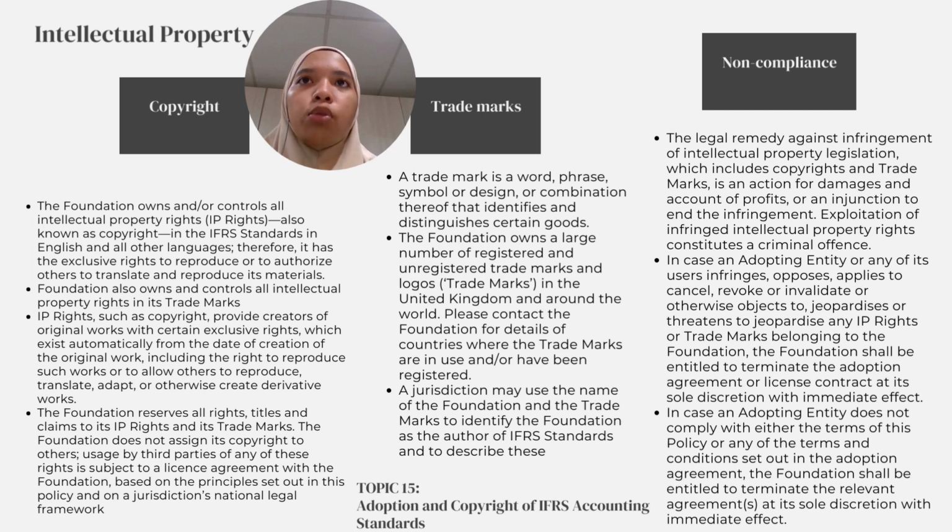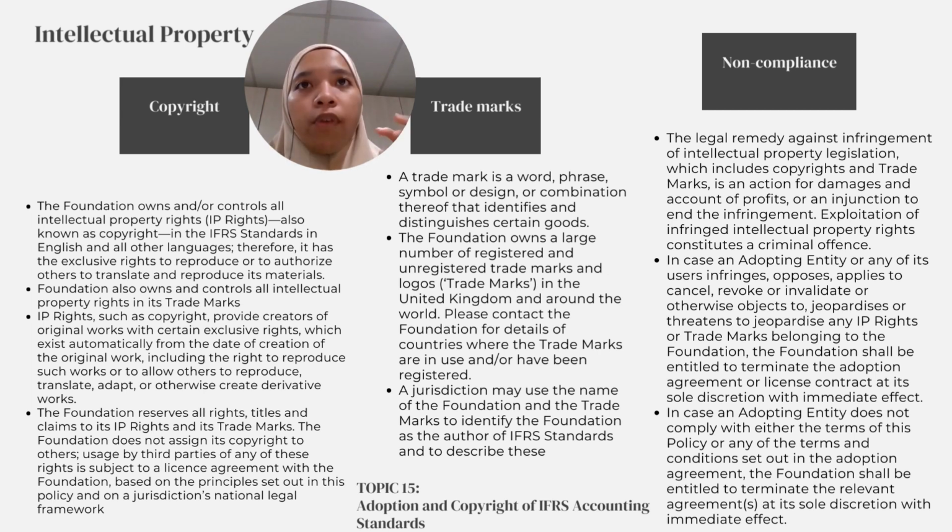So, secondly, is to protect their trademarks. So, what is it? It is a word, phrase, symbol, design, or combination of all of these that identifies and distinguishes certain goods. The foundation owns a large number of registered and unregistered trademarks, also logos of the IFRS Foundation and standards.